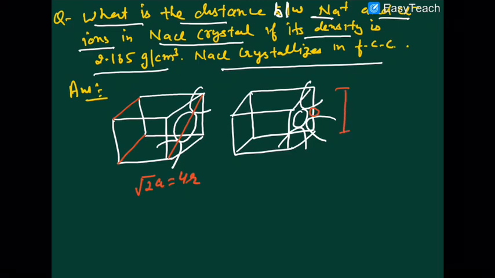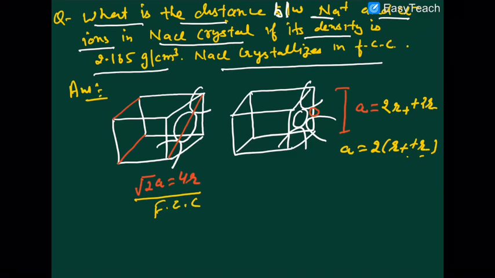Now in this case, A comes out to be what? A comes out to be twice the radius of cation plus twice the radius of anion. So A is 2 times the radius of cation plus radius of anion. That is what they are talking about. So please don't take the earlier formula into consideration.